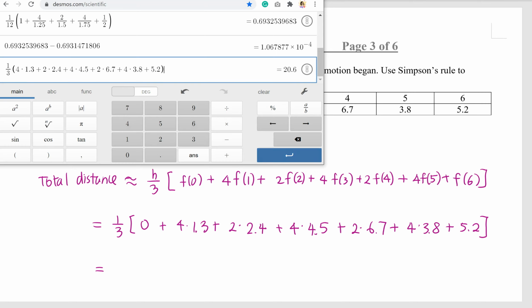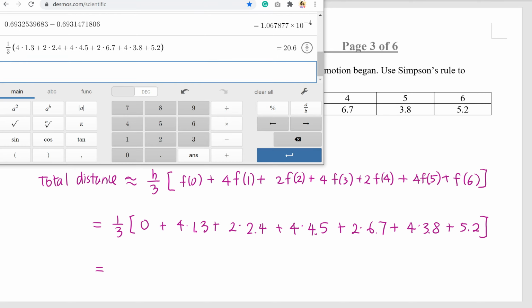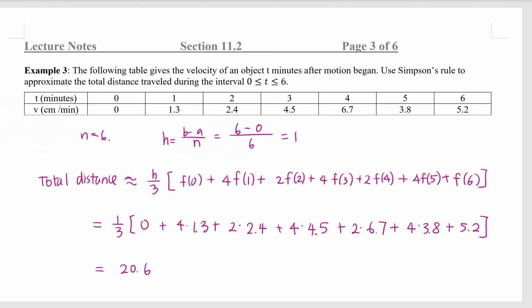Enter. See, the answer is 20.6. Okay, so that is the approximation of the total distance traveled during this time from 0 to 6.